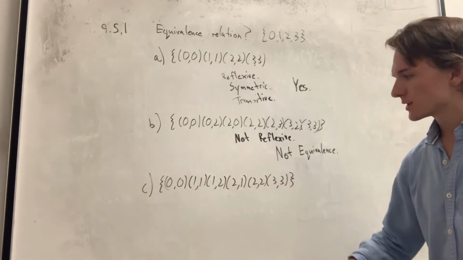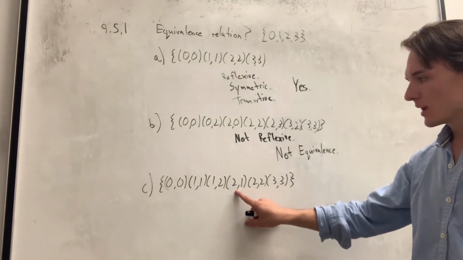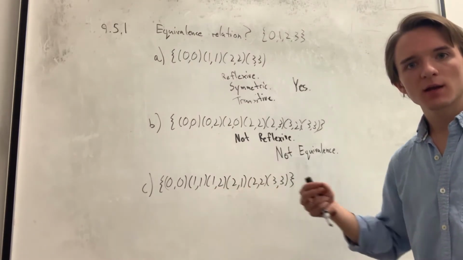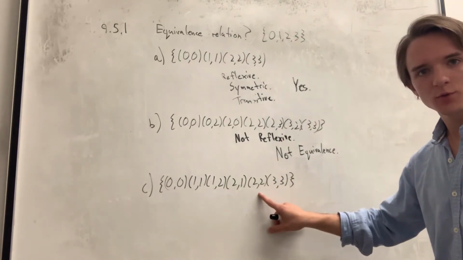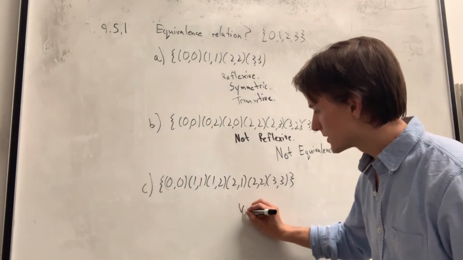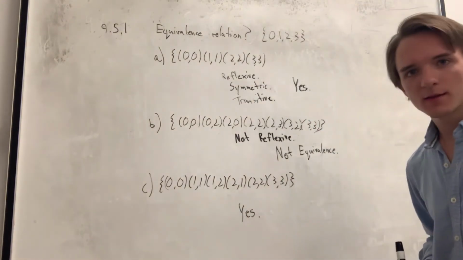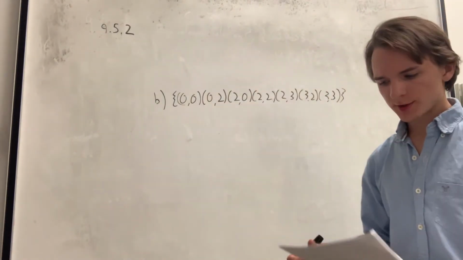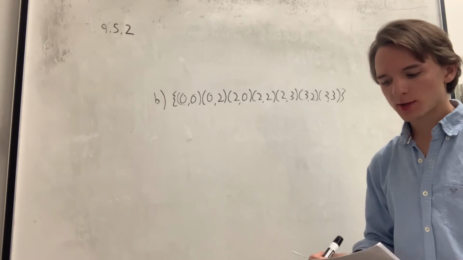Looking at it backwards, you could say we have 2, 1, and we have 1, 2. That means we must have the pairing 2, 2, which we do. Therefore, it passes all three of the properties, and it is an equivalence relation.